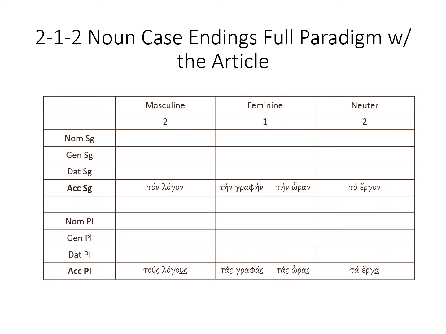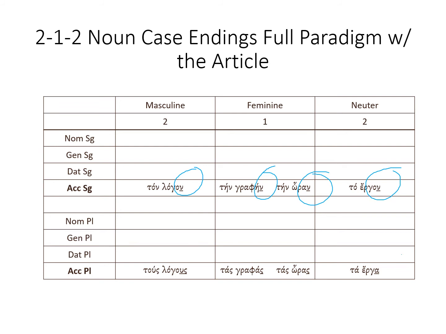That is the key for us to think about, and they are underlined here. The nu is the ending, and the omicron that comes right before it is the final stem vowel. Here the nu is the ending, the eta is the final stem vowel. The nu is the ending, alpha is the final stem vowel. Nu is the ending, omicron is the final stem vowel.